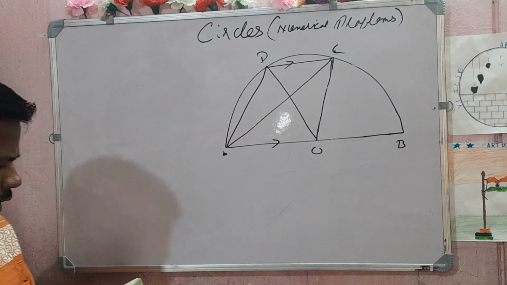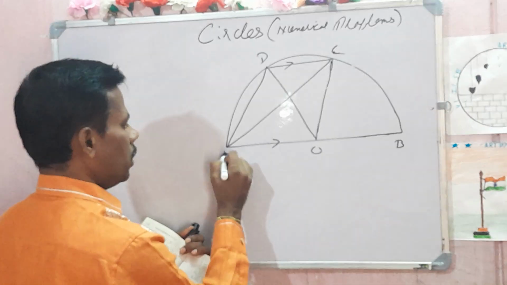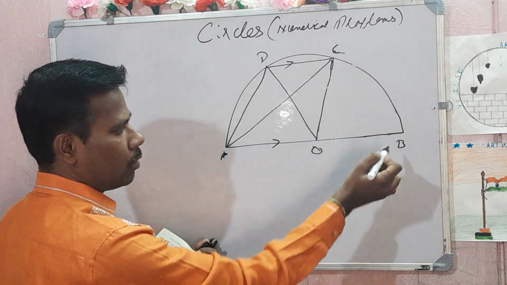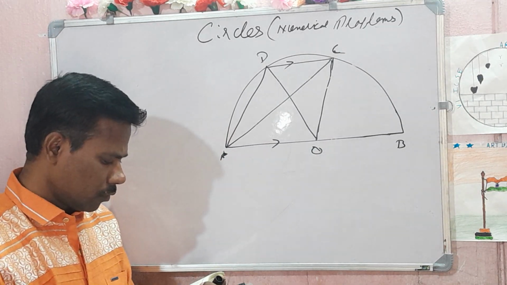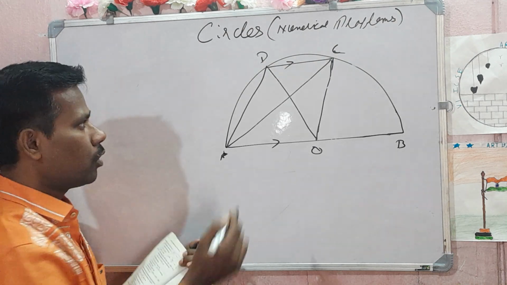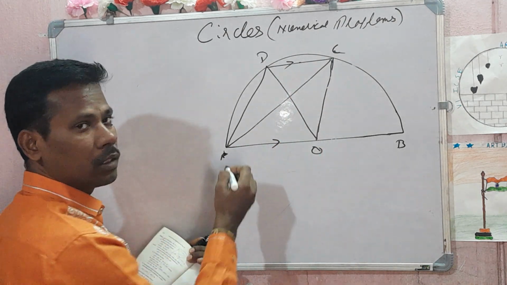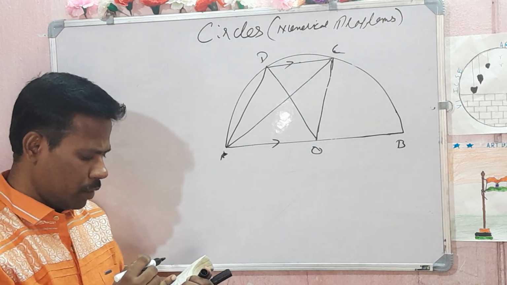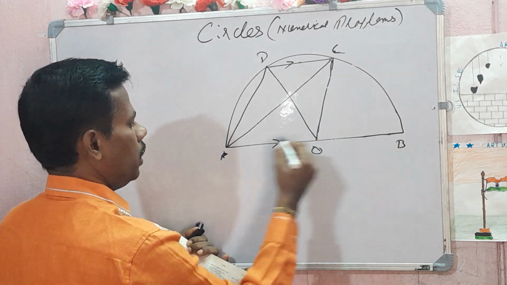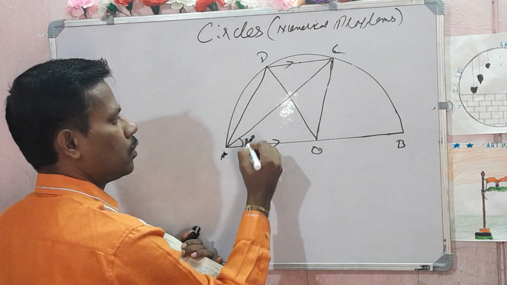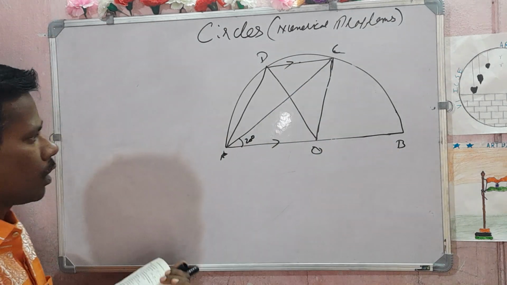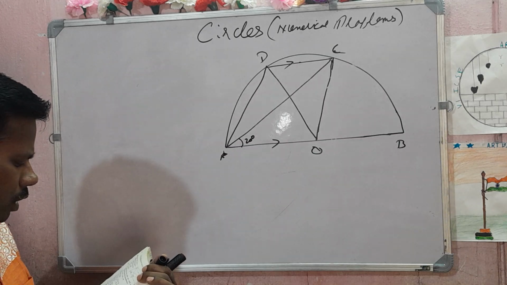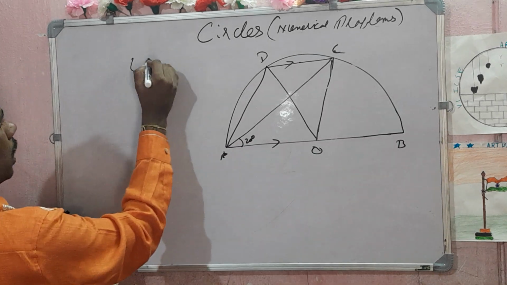Here in the given figure, AB is the diameter. Since O is the center of the circle, AB is the diameter. Next, with center O, CD is parallel to BA. CD, already I have marked this one. If angle BAC is 20 degrees, right? Now what they are asking, BAC 20 degrees. Find angle BOC. They are asking this one.